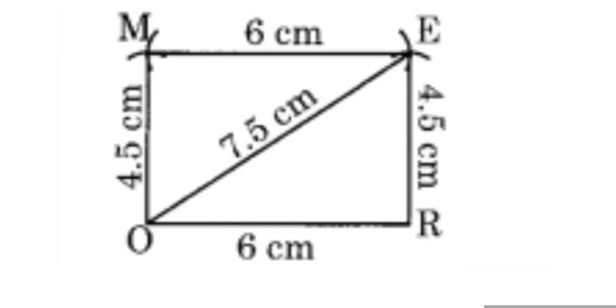Now draw an arc of 6 centimeter radius taking E as center and draw another arc of 4.5 centimeter radius taking O as center which intersects at M. Now join OM and EM. So it is the required parallelogram and the name is MORE. So scholars, your exercise 4.1 is completed.